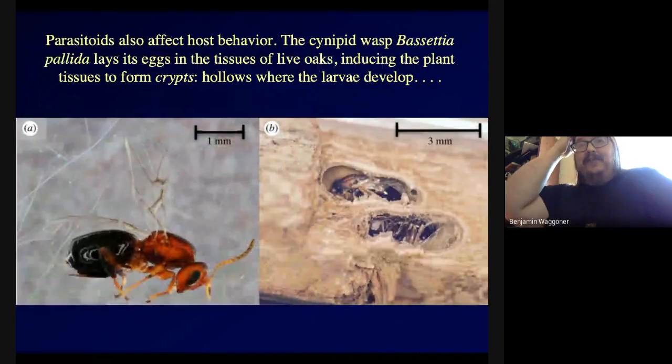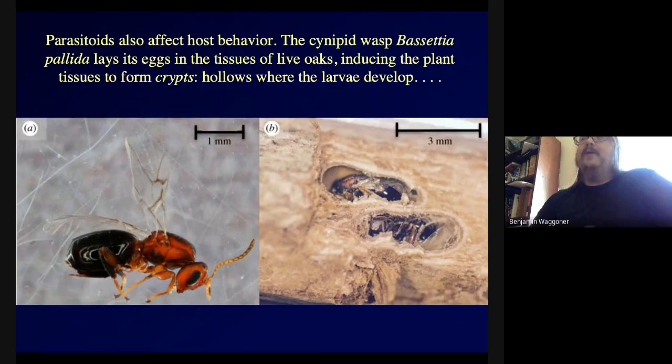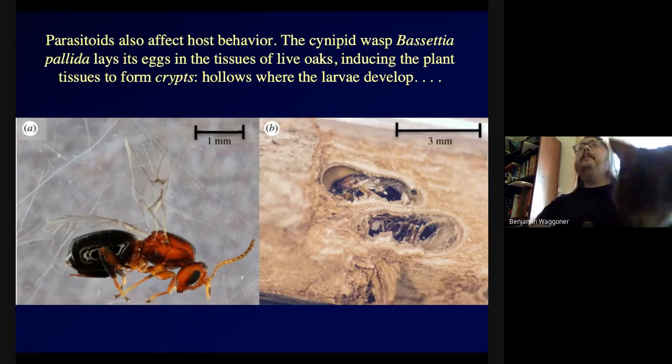You have cases of parasitoids affecting host behavior. There are some where the caterpillar will end up defending the pupae of the parasitoids that are killing it. This is a really cool one. This is a cynipid. Cynipid wasps are typically parasites of oaks.